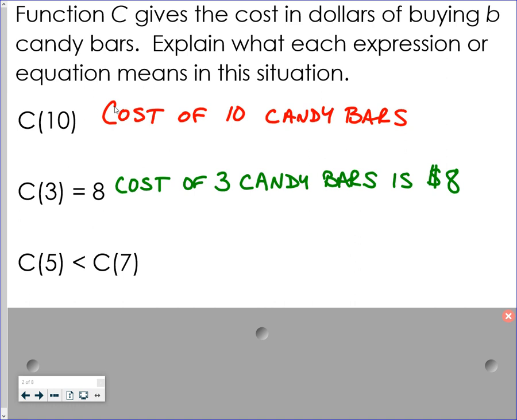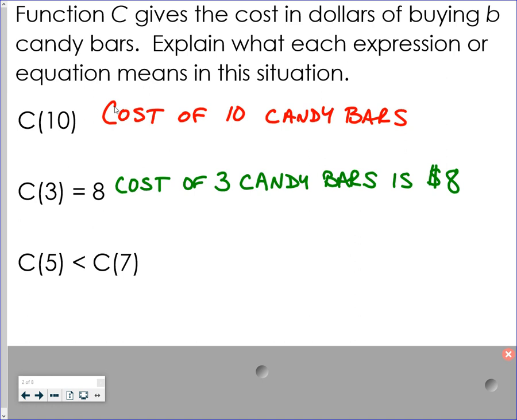And this one is just comparing 2 different values. The cost of 5 candy bars versus the cost of 7 candy bars. And it does make sense that 5 candy bars should cost less than 7 candy bars.